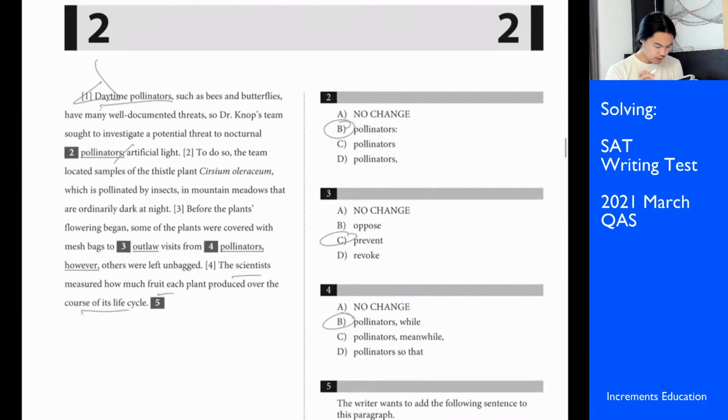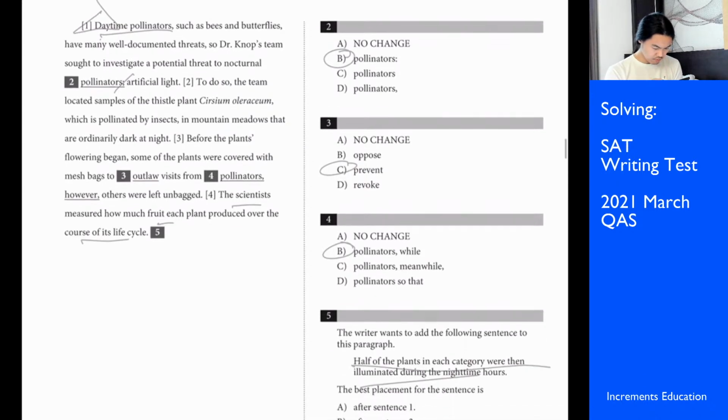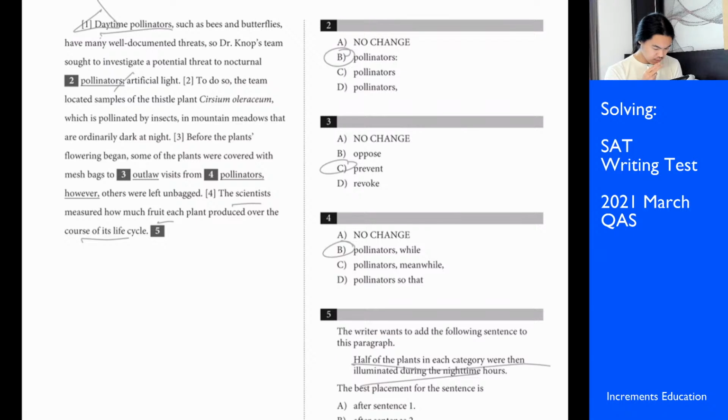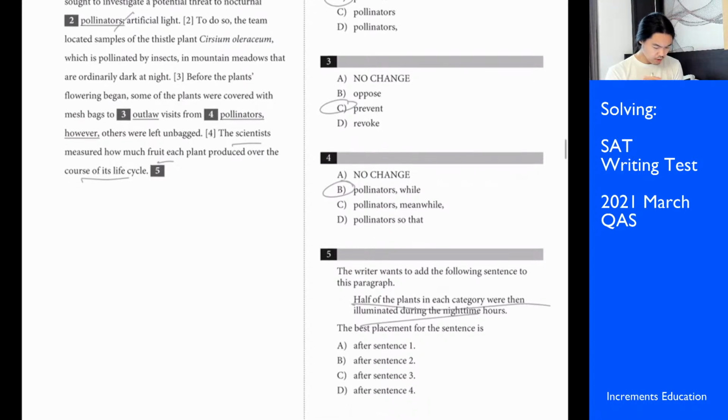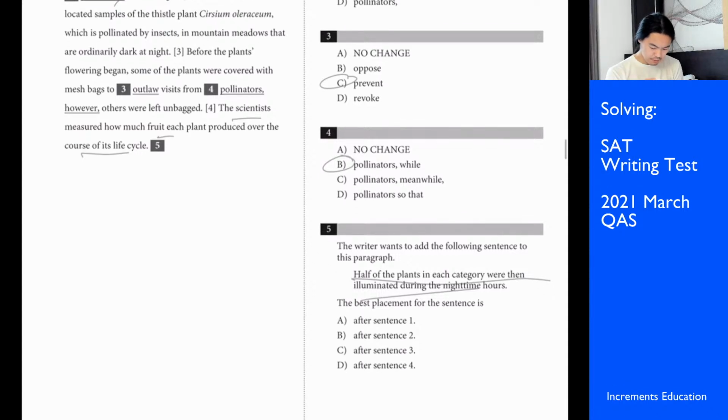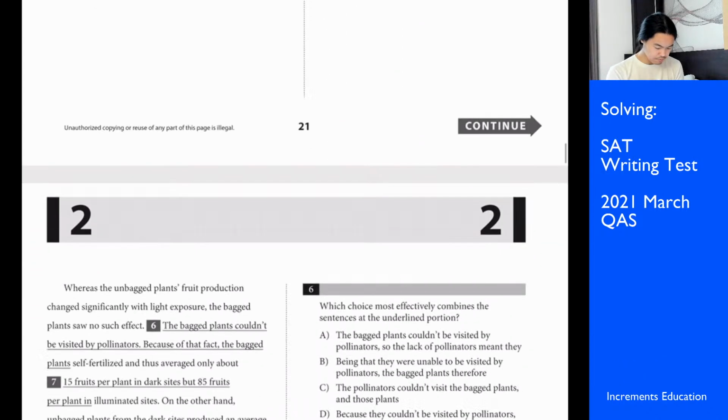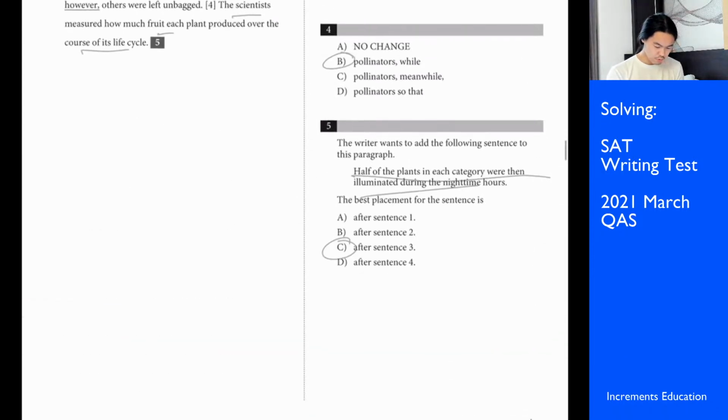What are the categories right now? Okay, right. I totally missed it. It's after sentence 3, illuminated. That took a while. Okay. 240.